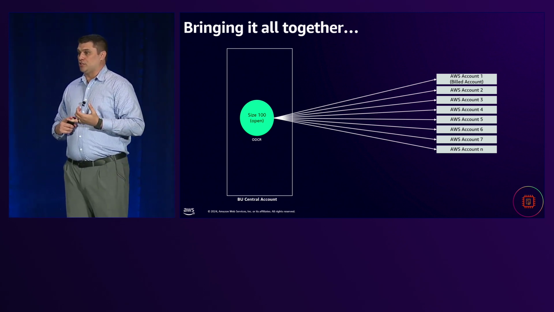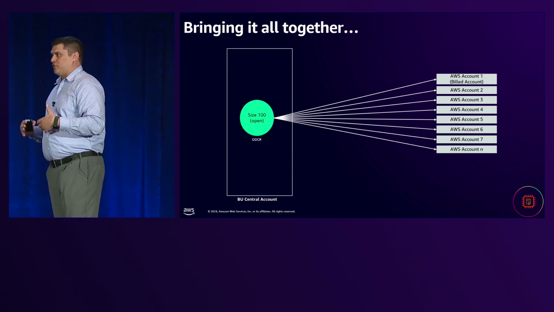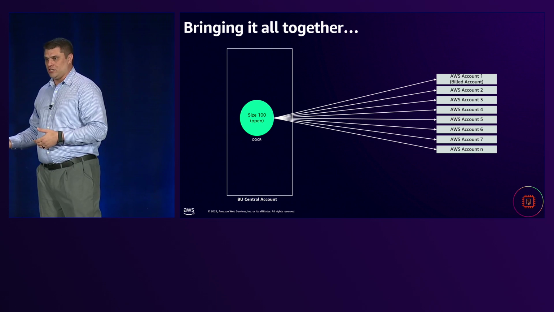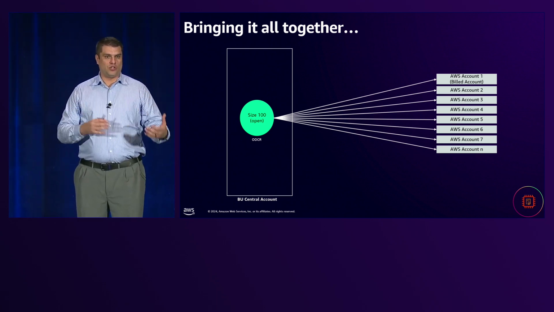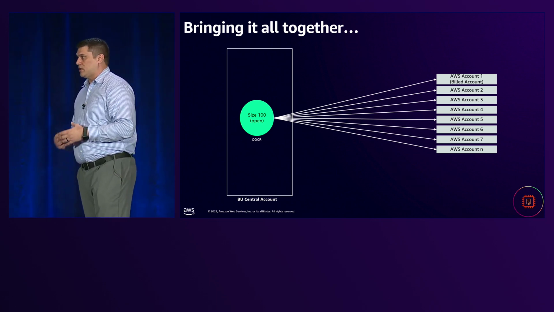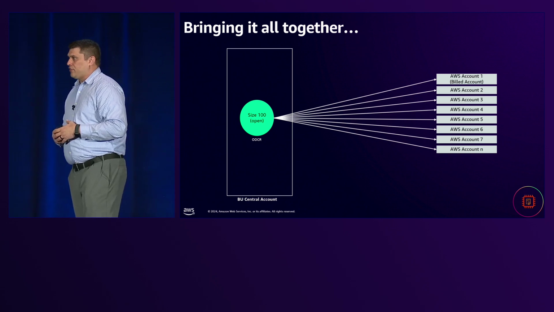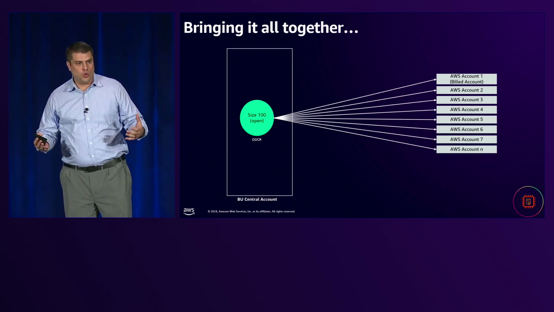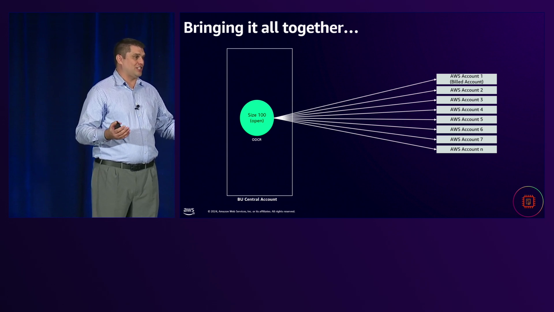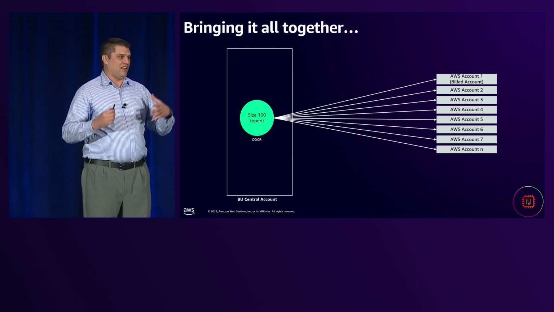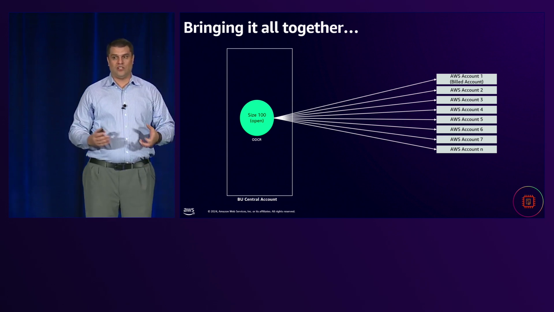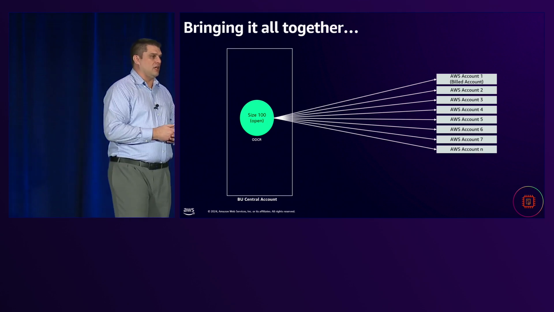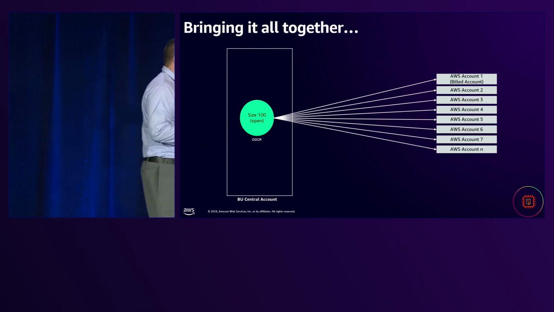Two, it gives them a lot more control over if there's unused capacity, they can make quick actions to reduce that capacity or to cancel the capacity reservations. And three, it gives them more control to determine which of the accounts are actually getting the capacity. If they have an emergency in one account, they can quickly move that capacity from one account to another.